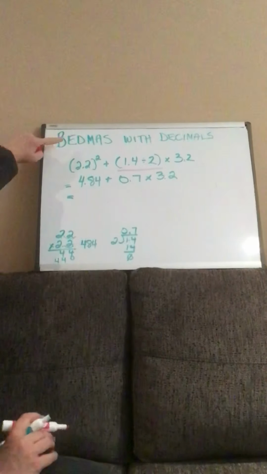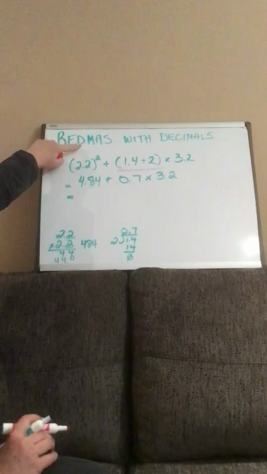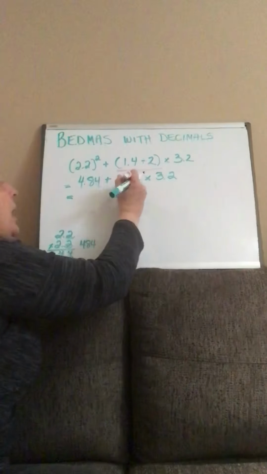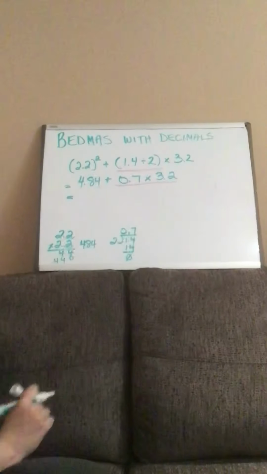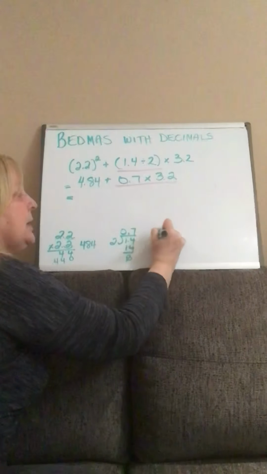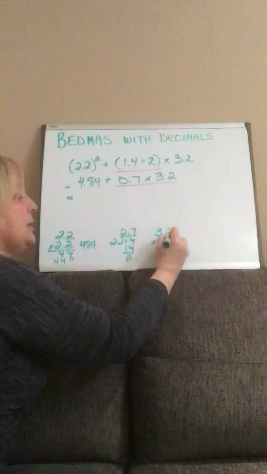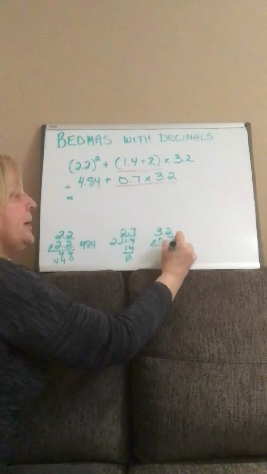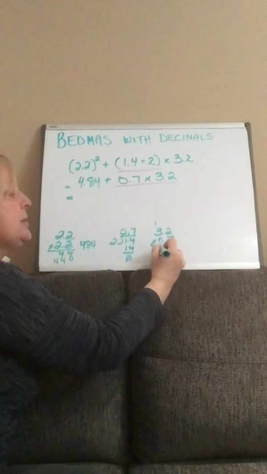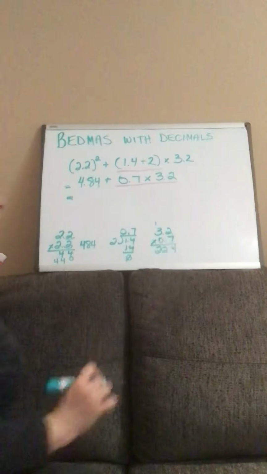No more brackets, no more exponents, division or multiplication, whatever comes first. Well, I only have one multiplication question here. So my next part is 3.2 times 0.7. 7 times 2 is 14. 7 times 3 is 21, which is 22.